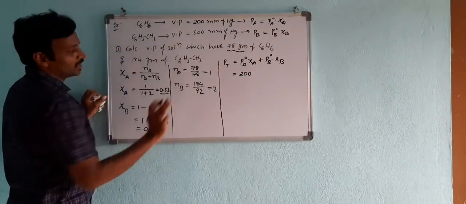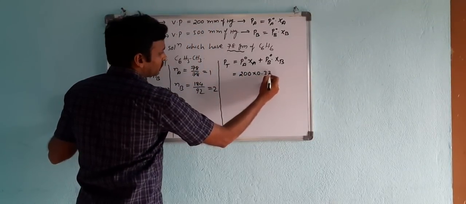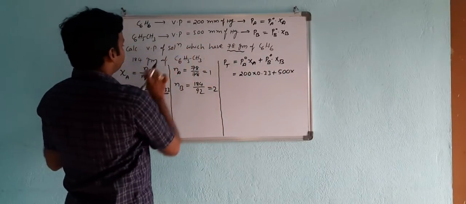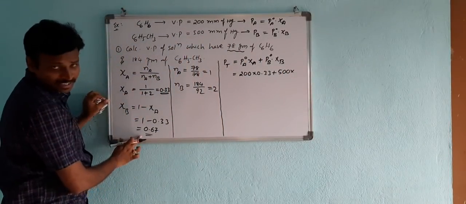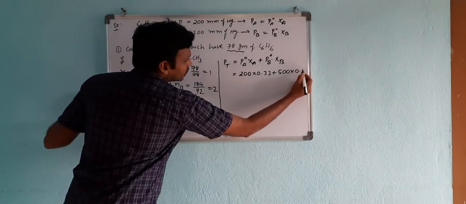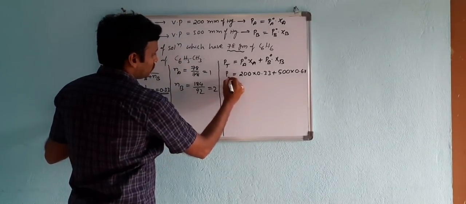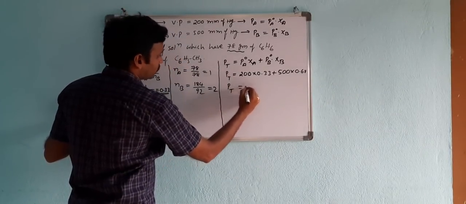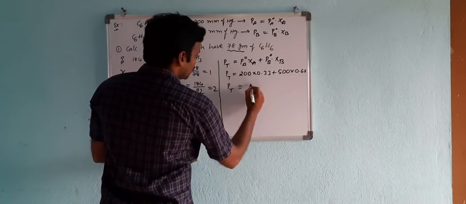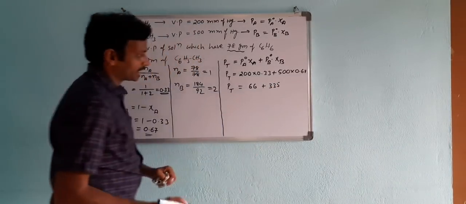Here it is given for benzene; PA I am considering as benzene. So 200 into 0.33 plus 500 into the mole fraction of B, 0.67. If you simplify this, you will get around 66 and some 335.